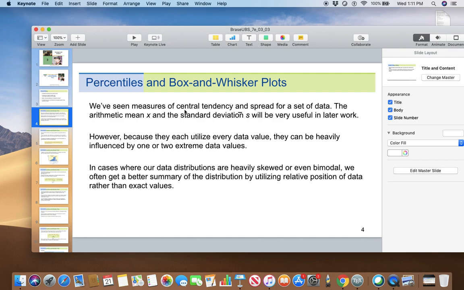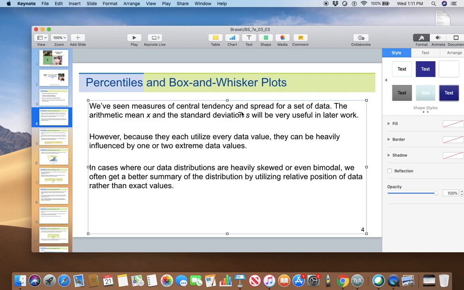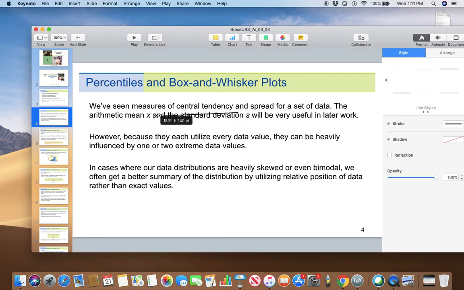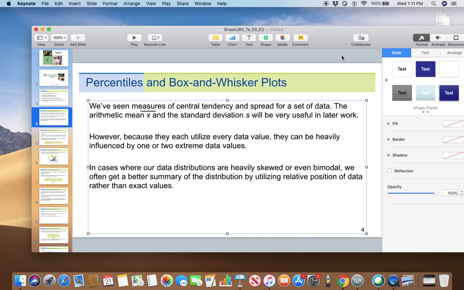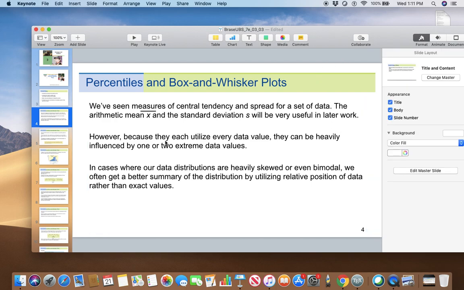We have seen measures of central tendency and spread for a set of data: the arithmetic mean X bar and the standard deviation S. The standard deviation S will be very useful later in our work.